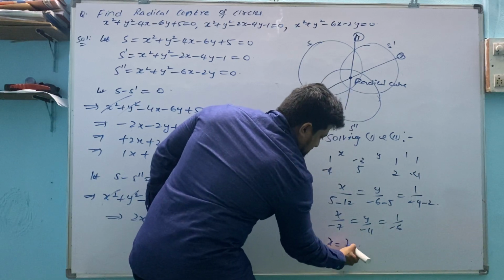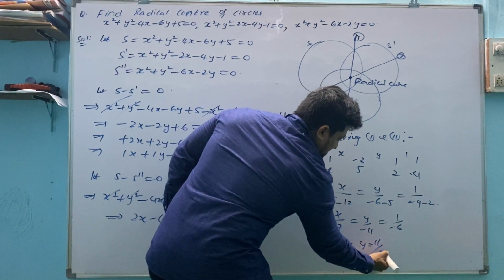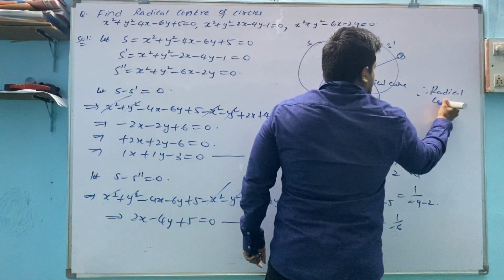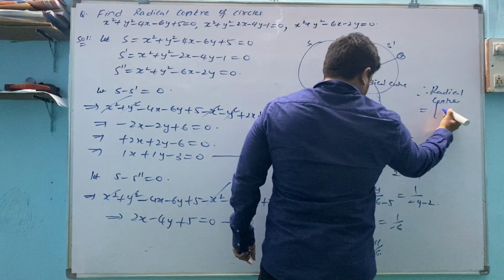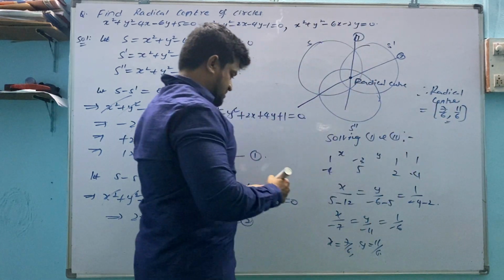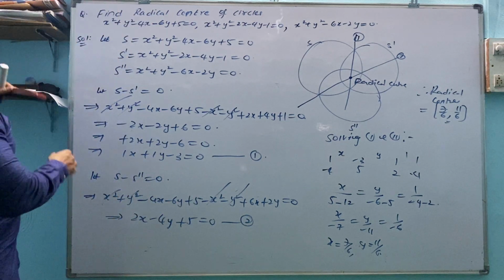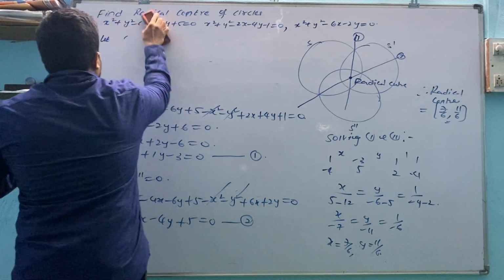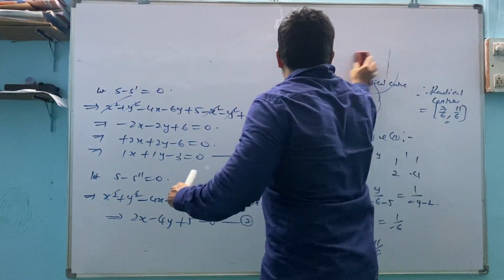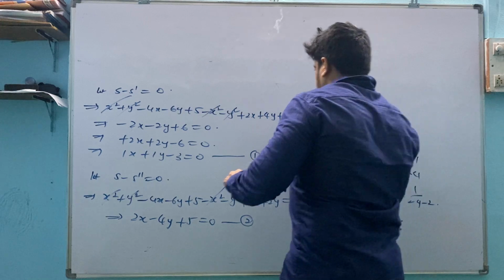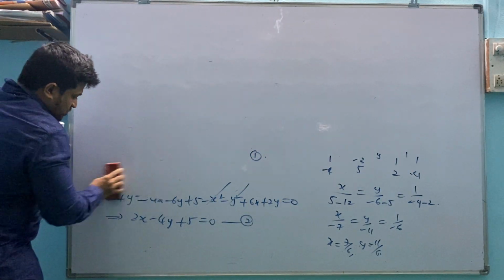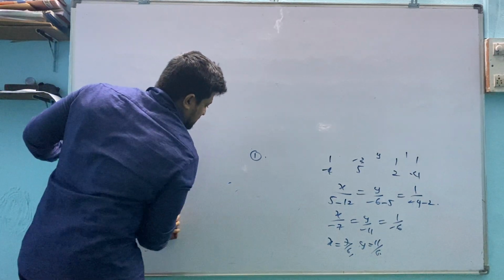So x is equal to 7 by 6, y is equal to 11 by 6. Therefore, the radical center is 7 by 6, 11 by 6. Find the radical center: two radical axes, then solve 1 and 2 in order to get it.